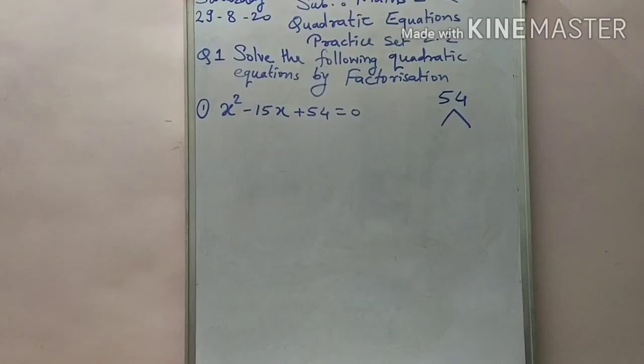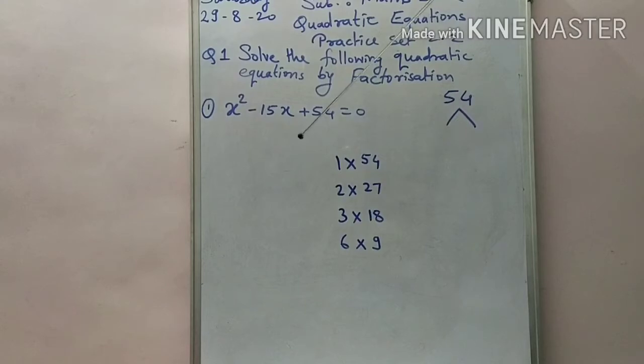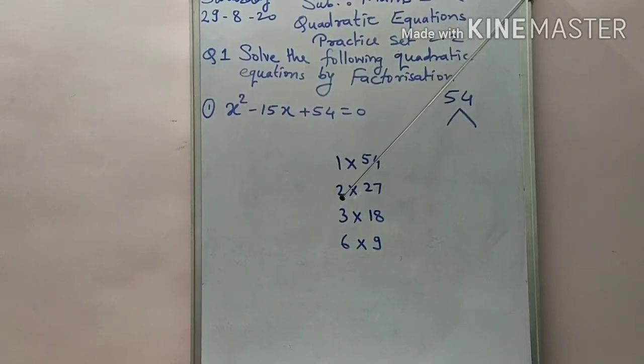Okay, so here we have pairs whose product is 54, but we have to find the pair such that the addition of the two factors is 15. We take the least factor as 1, then 2, because the unit place is an even number, so it is divisible by 2.